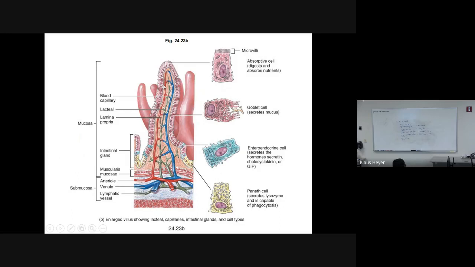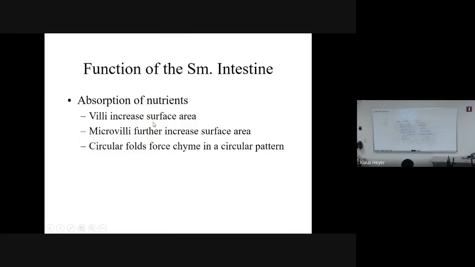But nevertheless, this is where all the stuff, and of course vitamins and minerals, are going to enter as well. So you have a bunch of these finger-like projections, and as you see here, they increase the surface area. The more surface area, the better, because the small intestine is for absorption.